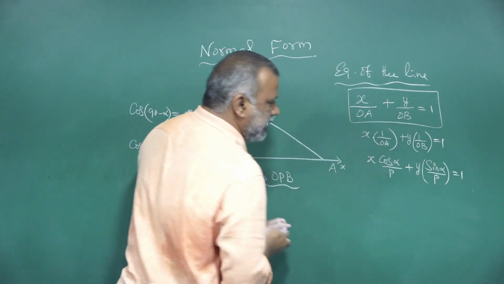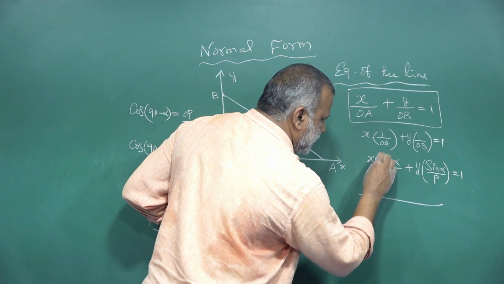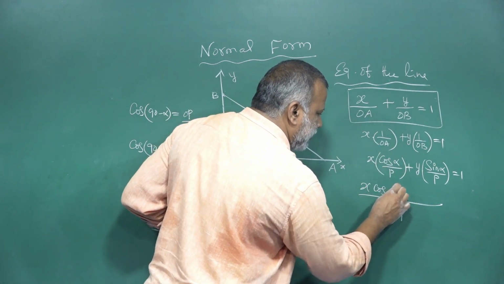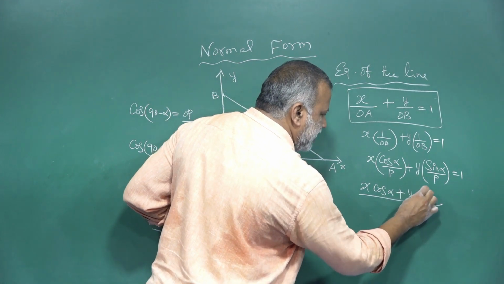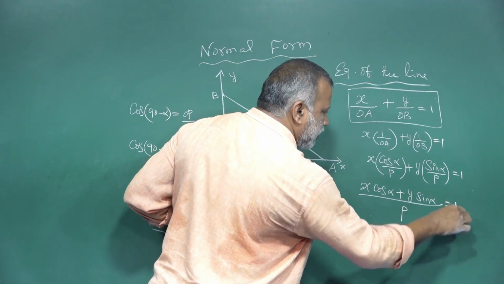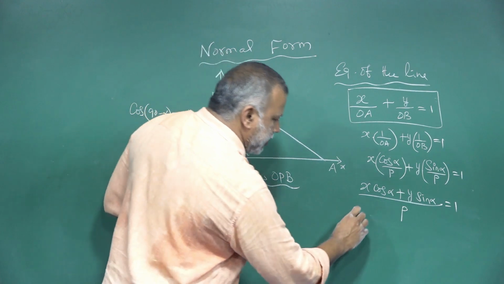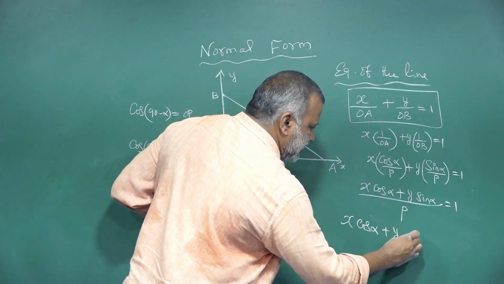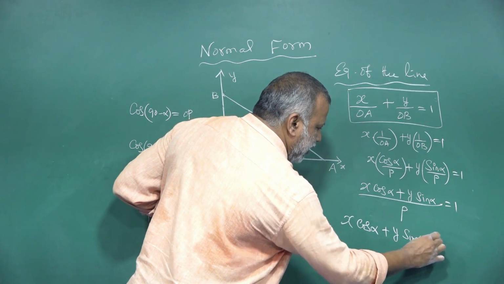So now we can take P as the common denominator. Just cross multiply this one. So x cos alpha plus y sin alpha is equal to P.